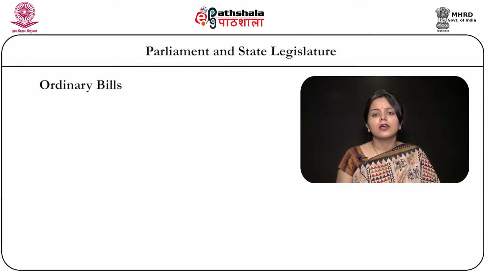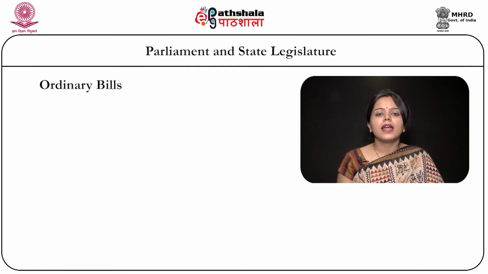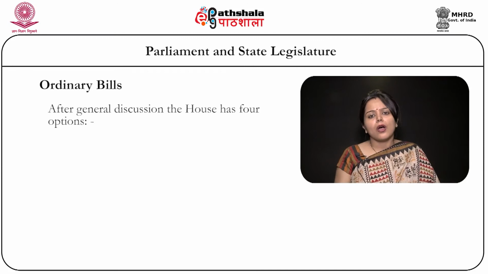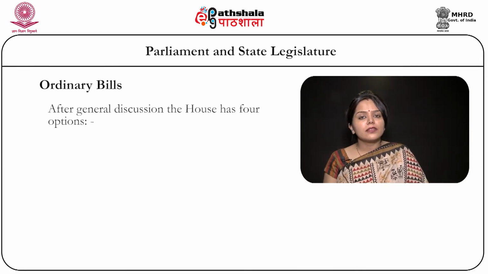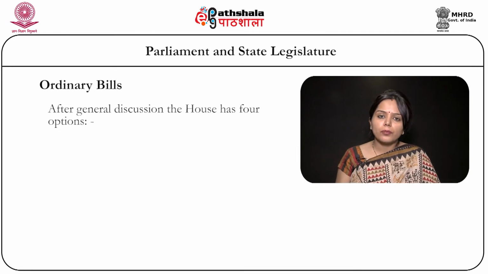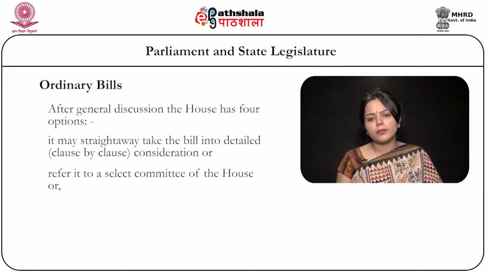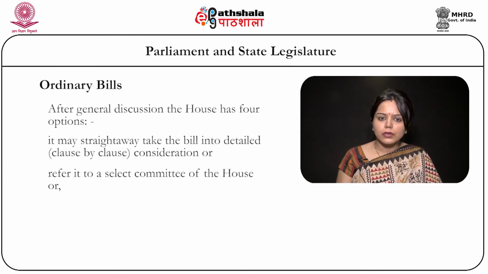Here, students, I will emphasize that this reading is the general discussion of the house about the bill, and it gives the house four options. First, it may straight away take the bill into detail, clause by clause, and consider that. Secondly, it may refer the bill to a select committee of the house.